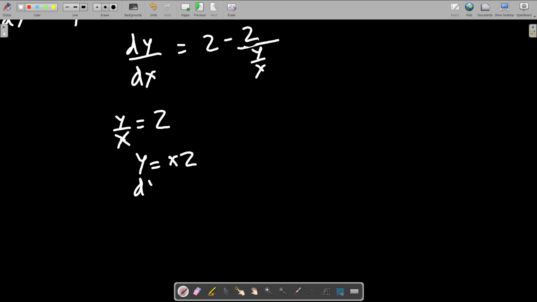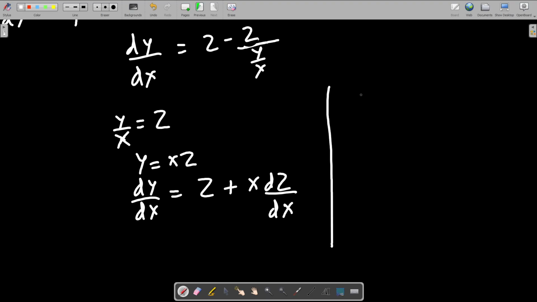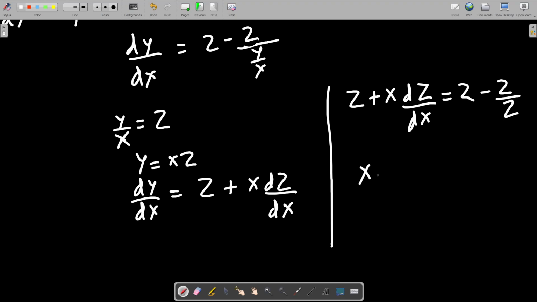That gives dy by dx equal to z plus x times dz by dx. Substituting back in the original equation, that leaves me with z plus x dz by dx is equal to 2 minus 2 by z.